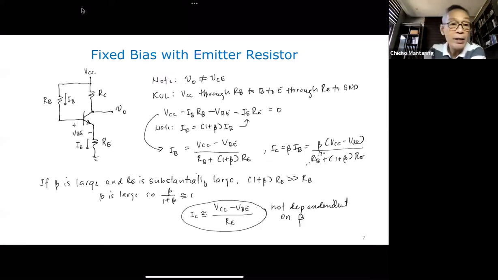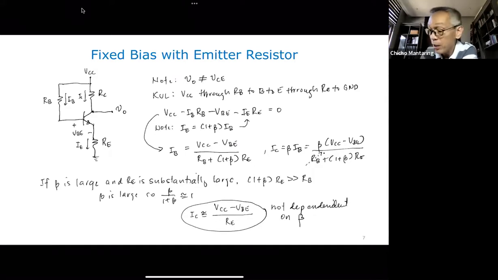Okay, intuitively, how does this work? I mean, you can figure it out intuitively. Sometimes I tell students, try to think it intuitively rather than just rely on the equations, because if you just rely on the equations, you don't really get a feel for what's happening inside the transistor. So for example, let's take a look at this circuit.